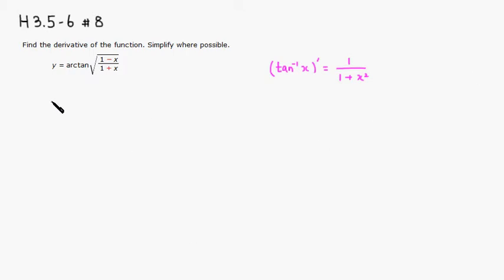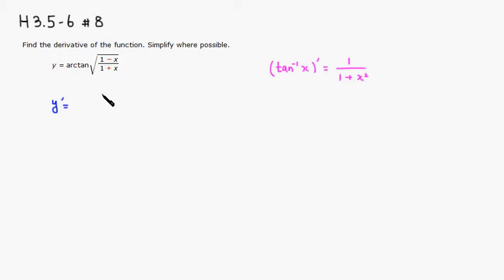So y prime is going to be equal to the derivative of the outside function, which is this guy, but we have to plug in the square root of (1 minus x over 1 plus x) where x is.